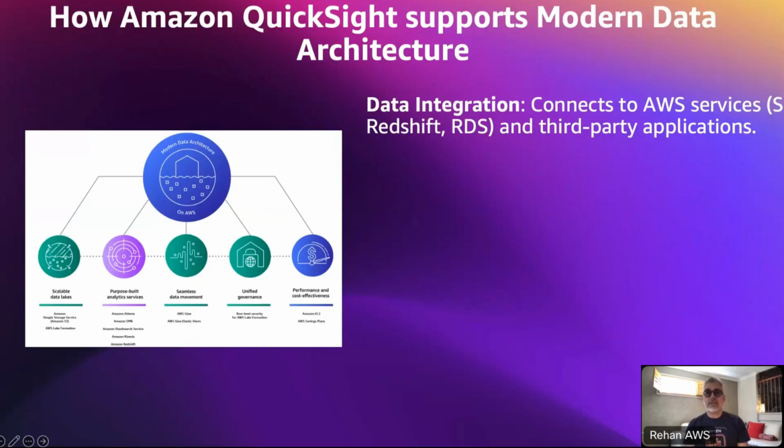RDS is a Relational Database Service. It also connects to third-party applications such as Salesforce and other relational databases, and those databases can be hosted in your on-prem network as well. This capability allows businesses to consolidate data from disparate sources into a unified view, enabling comprehensive analysis and reporting.